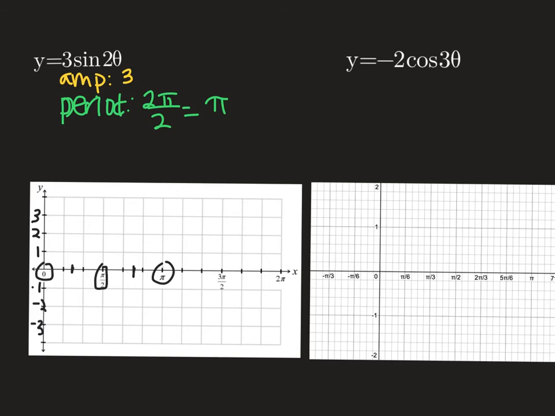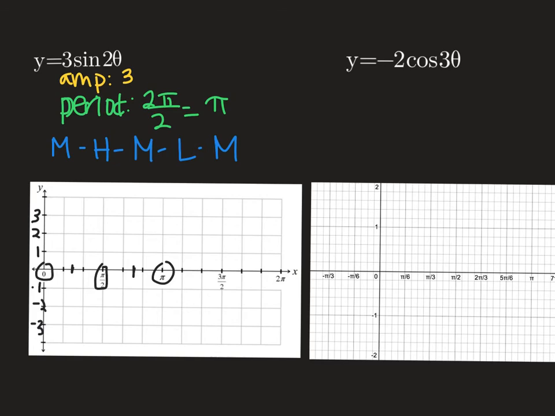They're evenly spaced out. And now I know this is a sine function. When we go through the sine function, it starts in the middle, then goes high, then goes middle, then goes low, then goes back to the middle. Now, what is my high? Well, my highest point has to be 3 because the amplitude's 3.